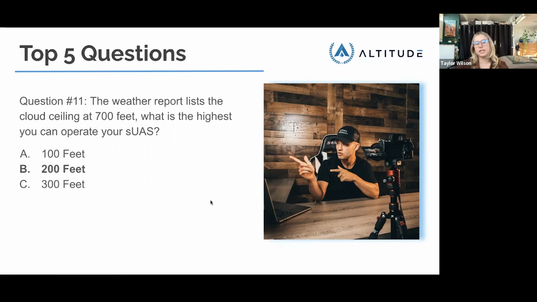Yep, our answer here is B, 200 feet. We have to remain 500 feet below the clouds, 2,000 horizontal, and have at least 3 miles of visibility. So if they're calling the cloud ceiling at 700 feet, whether that's broken or an overcast ceiling, you cannot fly your drone higher than 200 feet because we need to remain 500 feet below the clouds.